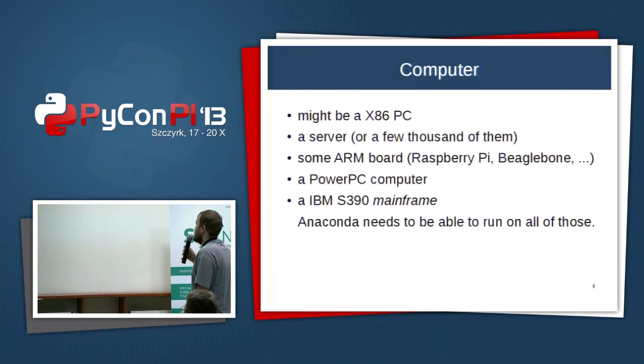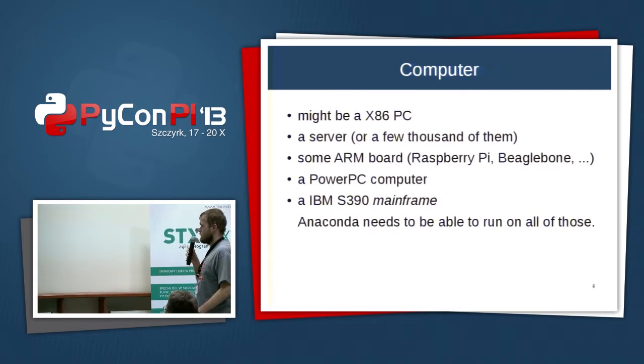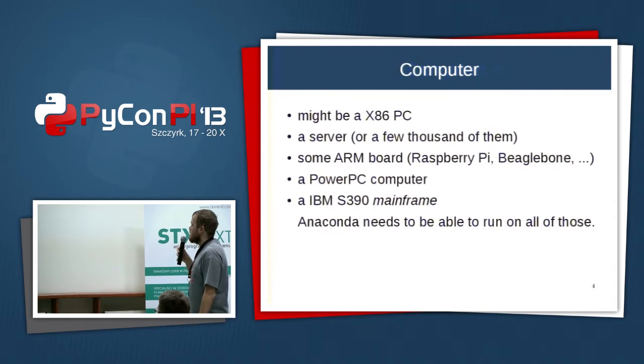It also has some initial support for the ARM architecture, like, for example, the Raspberry Pi or the BeagleBone. Also, it supports the PowerPC computer architecture, which has also its own specifics. And quite an interesting addition, it supports mainframes.